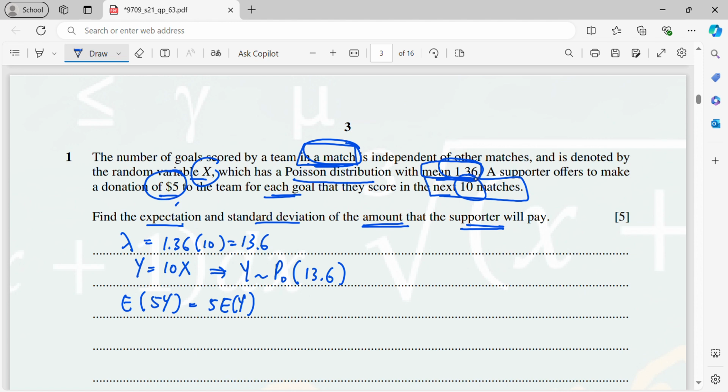So therefore, for your information, for Poisson, the mean is also the variance. So it will be 5 times 13.6. Then this is going to be 68. So that will be $68.